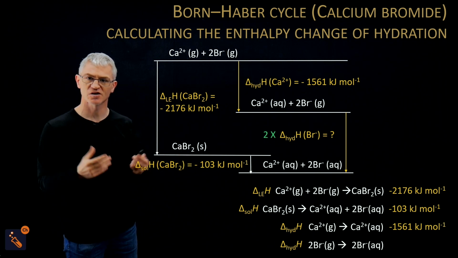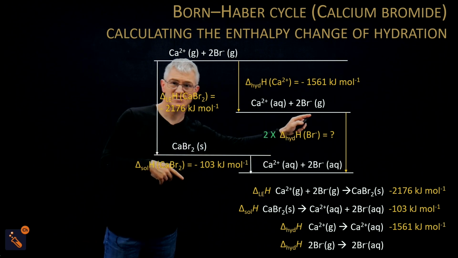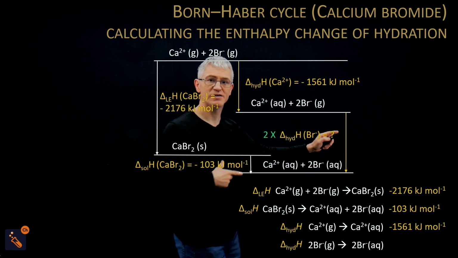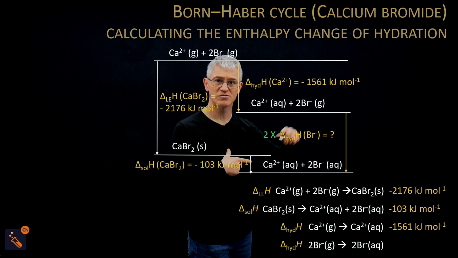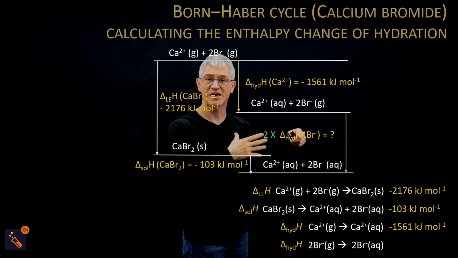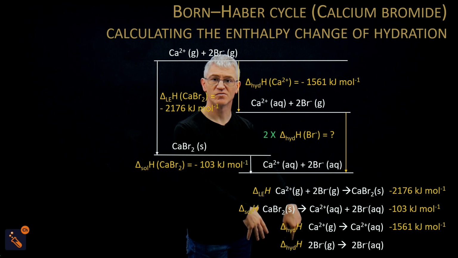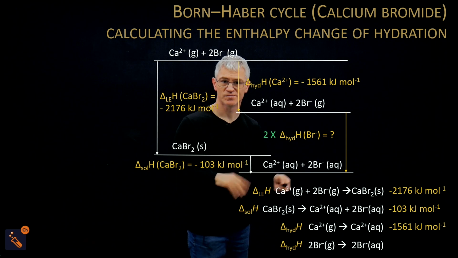Okay, so that means that when you're doing the final calculation as well, this bit which you calculate, so this bit right here, the value for it will be 2 times the hydration. So if we want to find what the enthalpy change of hydration of bromide is, we will have to divide by 2.